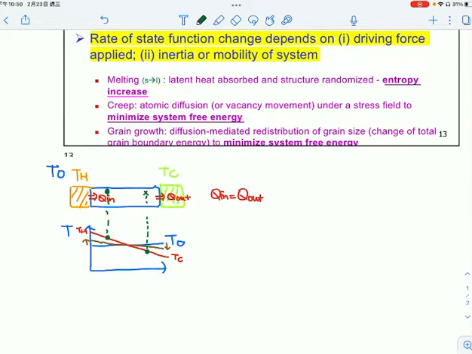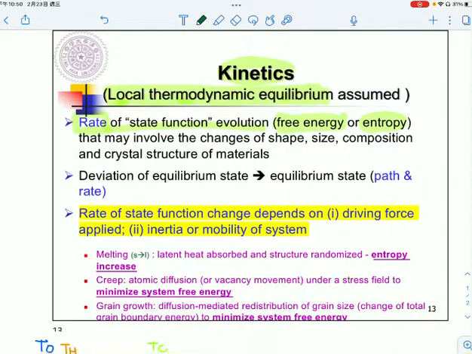Actually, this definition is similar to the equilibrium condition. So we call this a local thermodynamic equilibrium because it's a thermodynamic equilibrium at a local microscale site. Based on this assumption, we can apply all the energy functions derived in thermodynamics to kinetic processes.